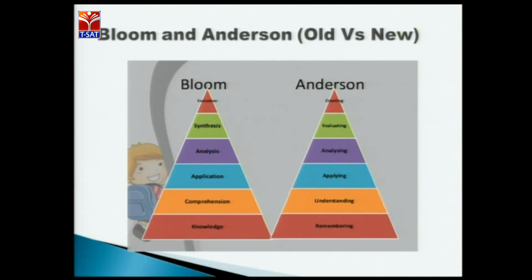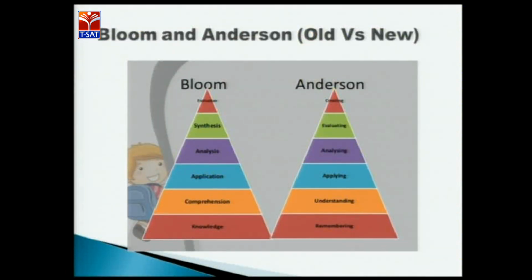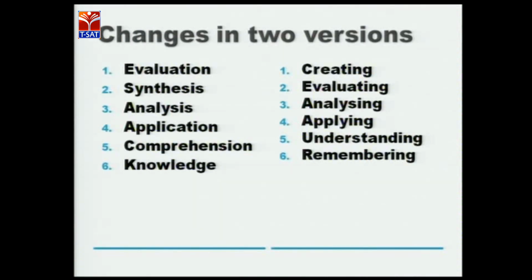But in Anderson's version, the new version, which was published in 2001, it says remembering, understanding, applying, analyzing, evaluating, and finally creating. So if you see the changes, you can easily understand the differences in the two versions.